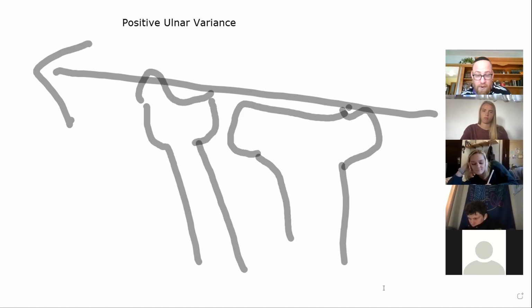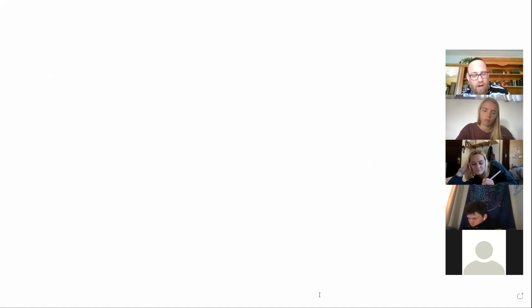Okay, conversely, just like we have positive ulnar variance. Now, first of all, before I go on to the next one, does it make sense to you that positive ulnar variance is actually a risk factor for TFCC injury?